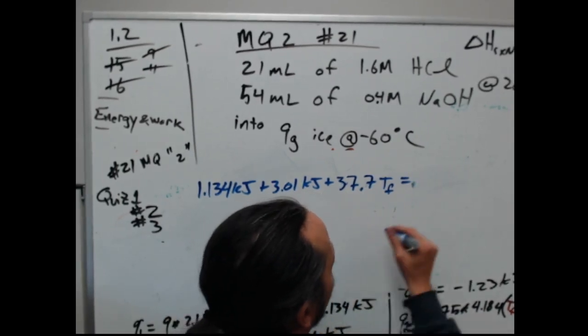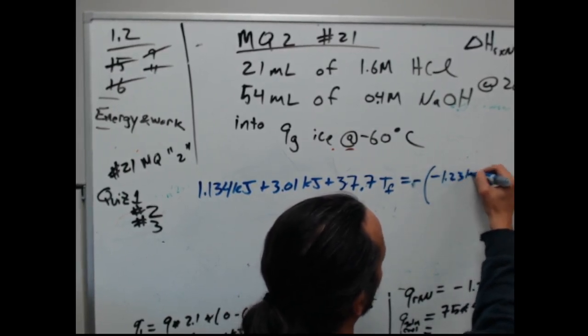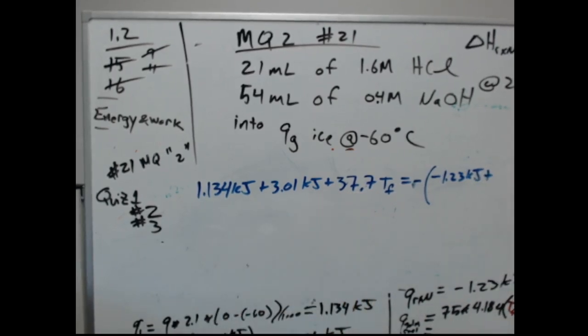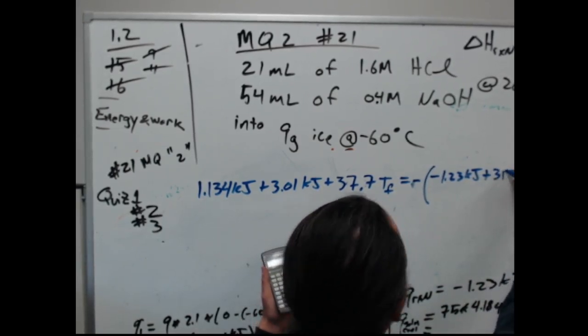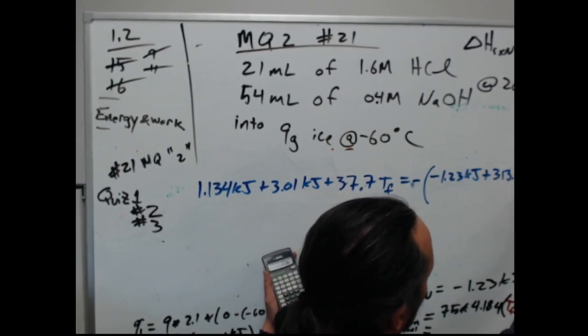Don't forget your negative quantity. Negative 1.23 kilojoules plus 75 times 4.184, 313.8 T final minus 20.